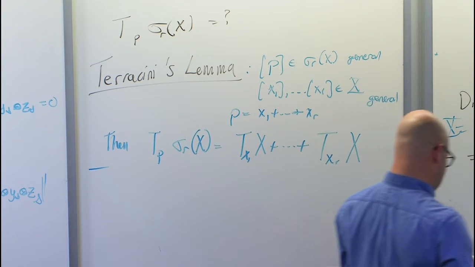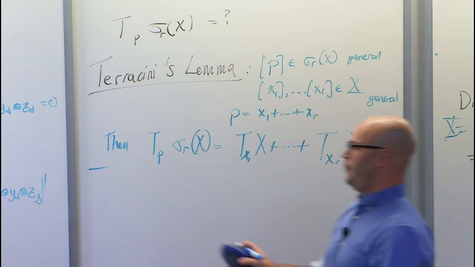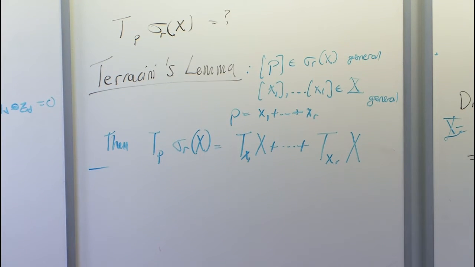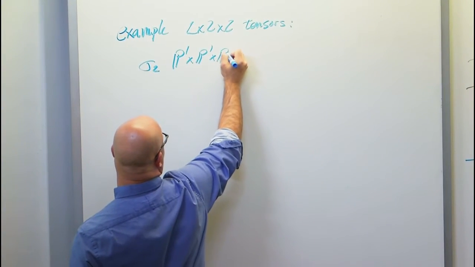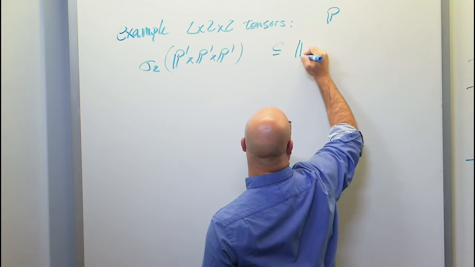So maybe this is best seen by an example. Let's find out about 2 by 2 by 2 tensors. So this is sigma 2 of P1 cross P1 cross P1. This is inside of P7.